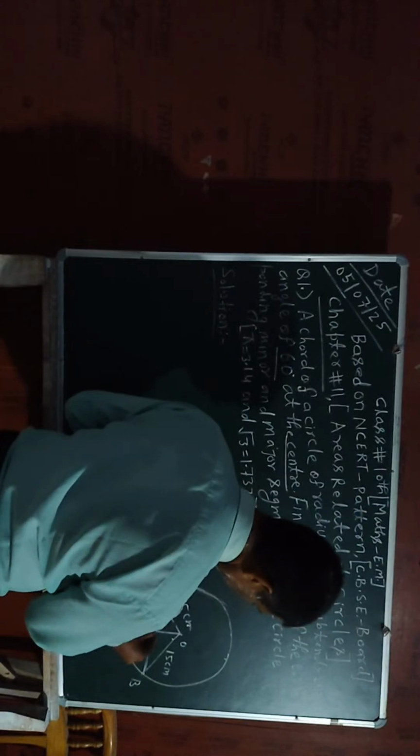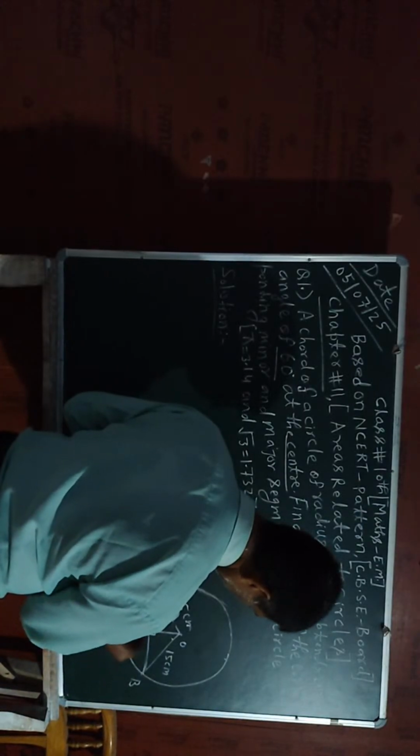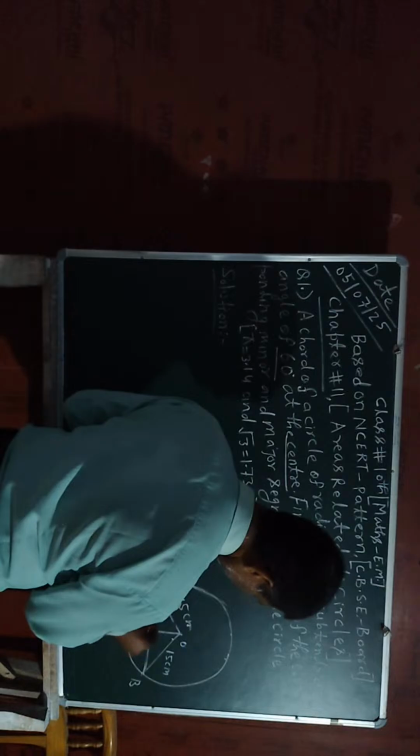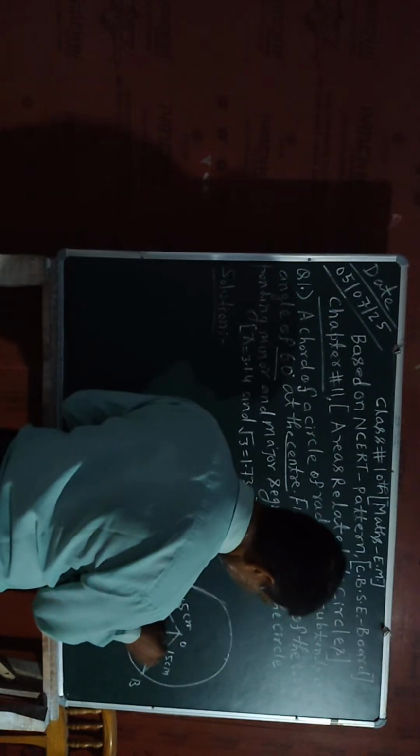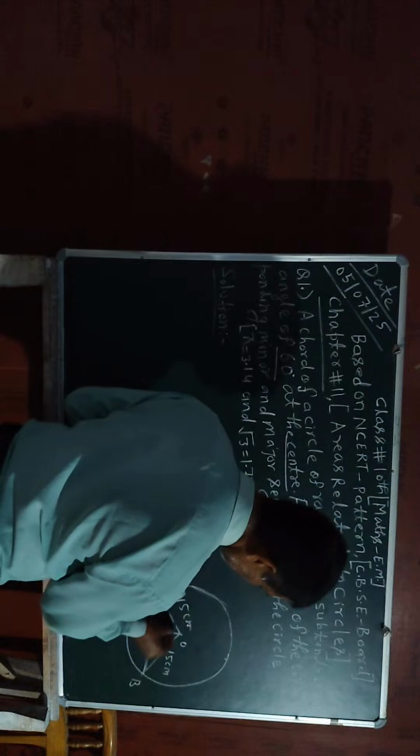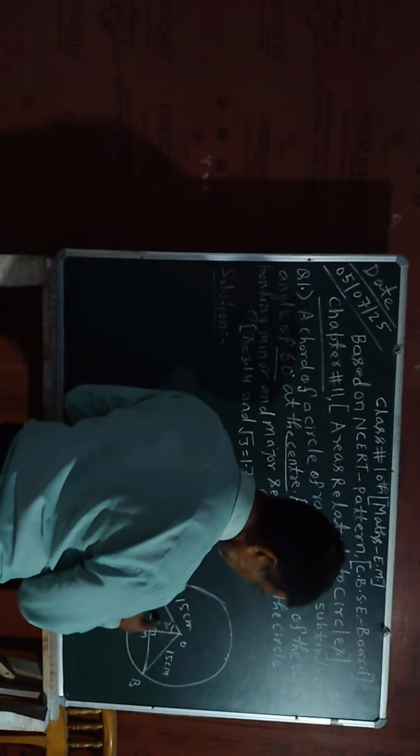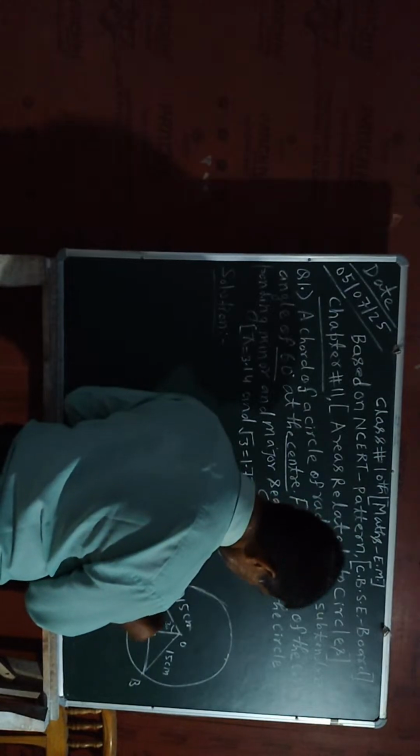This line is perpendicular to the line AB, and I will call the intersection point M. Now this angle will be 90 degree, and at the center the two radii make a subtended angle of 60 degree. So this is the angle bisector, and this angle will be 30 degree. Now this angle is 90 degree and this angle is 30 degree, so this angle will be 60 degree.